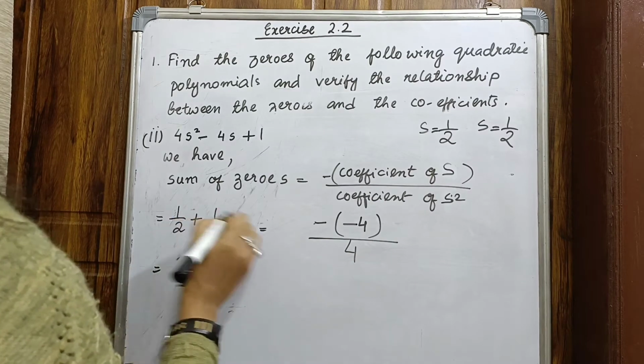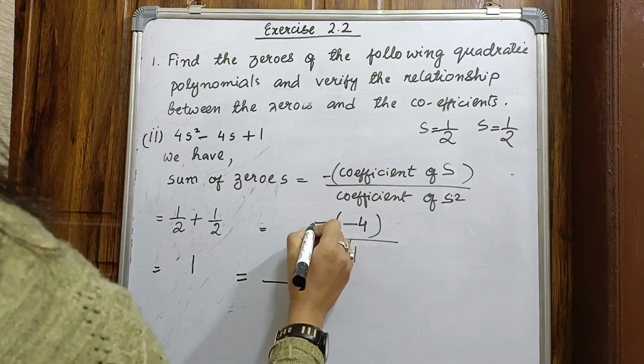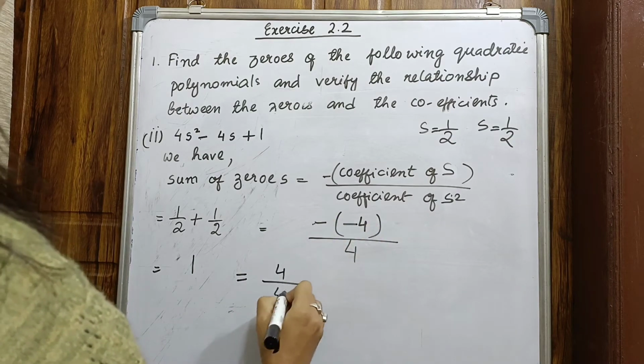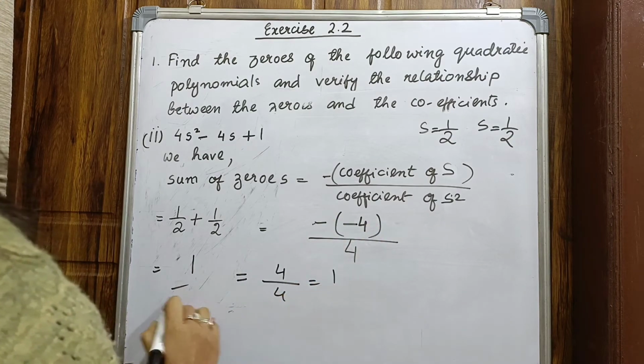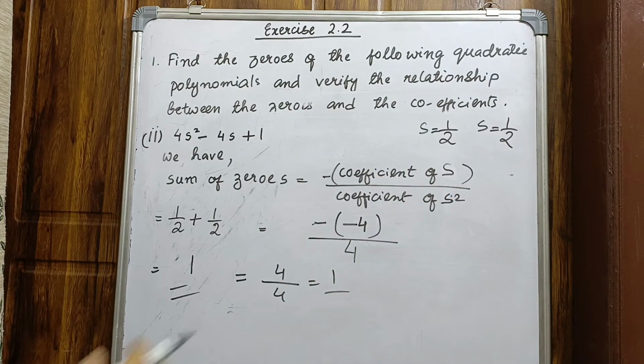So here half plus half is 1 equals minus minus plus 4 by 4, which is 1. So it is verified that the sum of zeros equals minus the coefficient of s by the coefficient of s square.